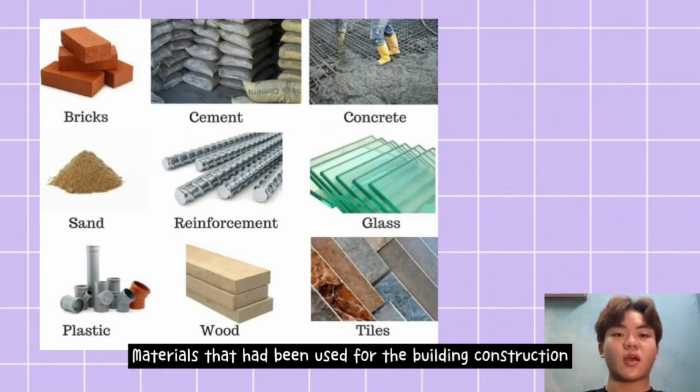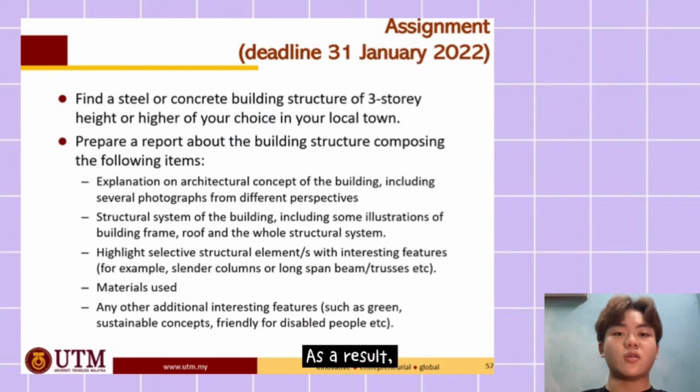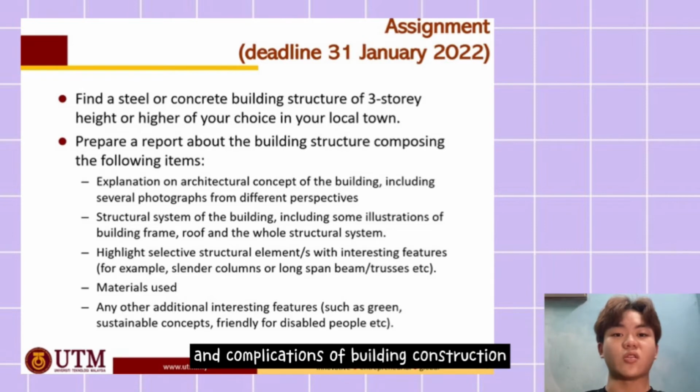Materials that had been used for the building construction were listed and explained in detail. As a result, this made us understand more the difficulties and complications of building construction.